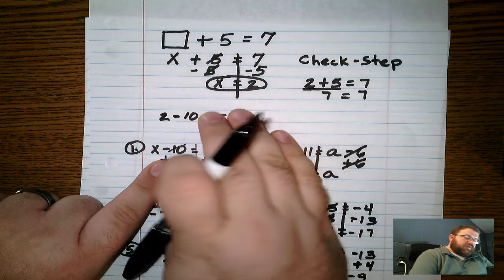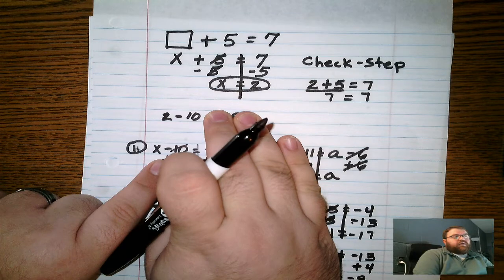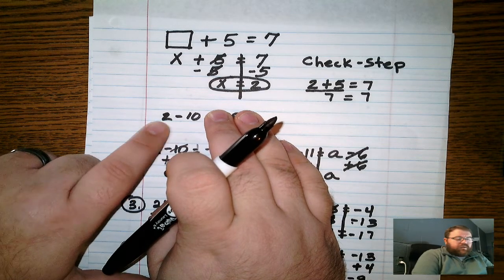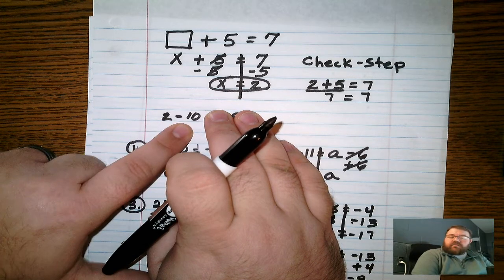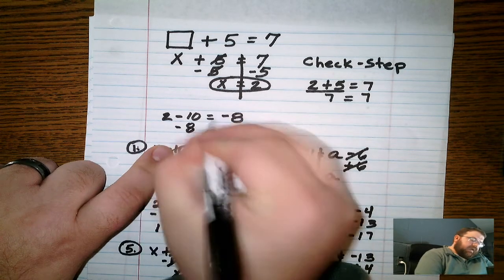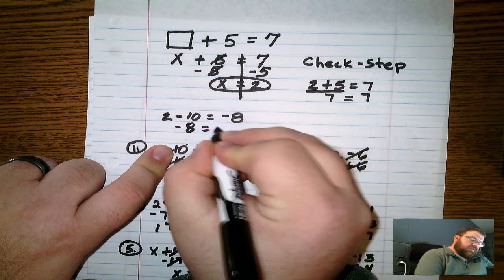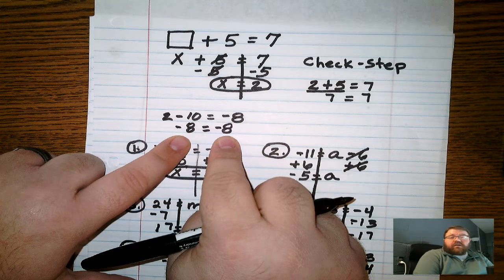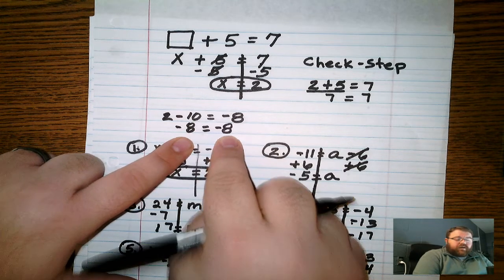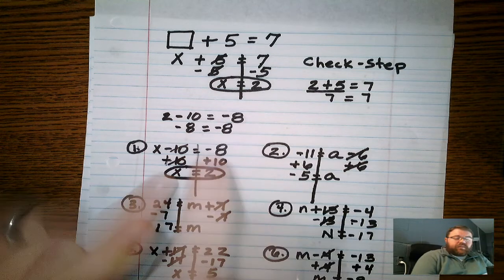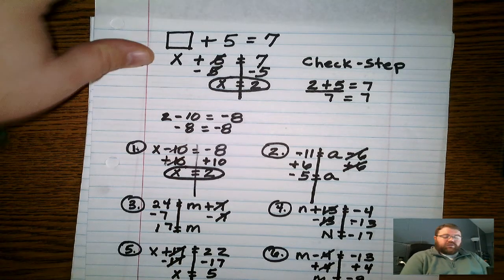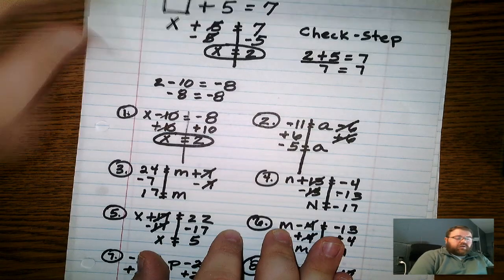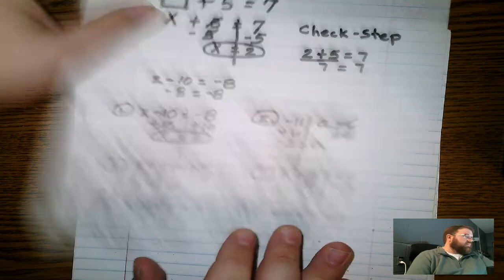Now what you want to do is ignore everything on the other side of the equal sign and solve this like an expression. 2 minus 10. Well, 2 minus 10 is negative 8. And bring down the rest of your equation. And if these two sides are equivalent or equal to one another, we know that we have the correct solution. One other thing that you need to make sure: you need to make sure that you have shown us all of your work and all of your check steps for each of the problems.